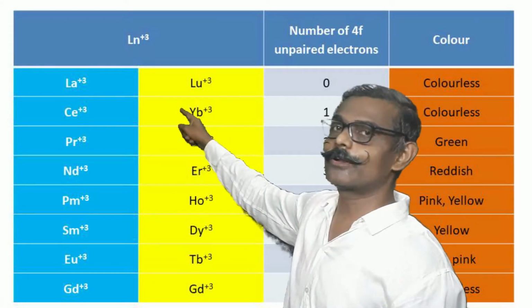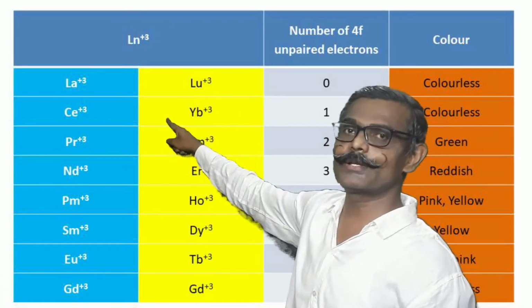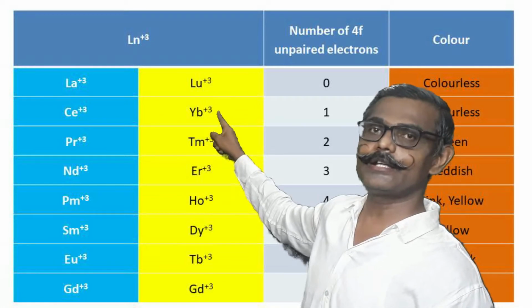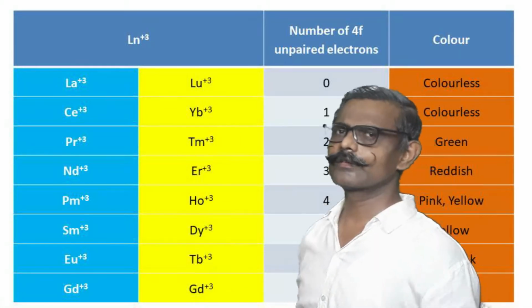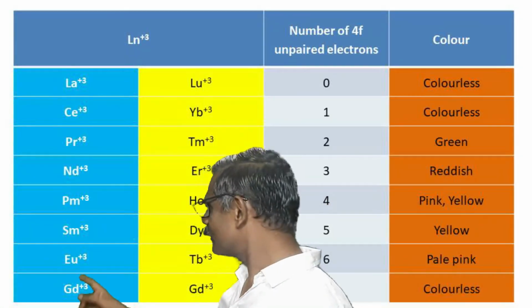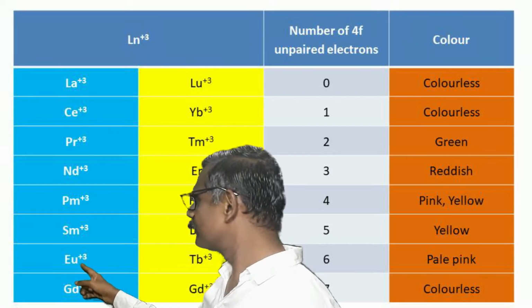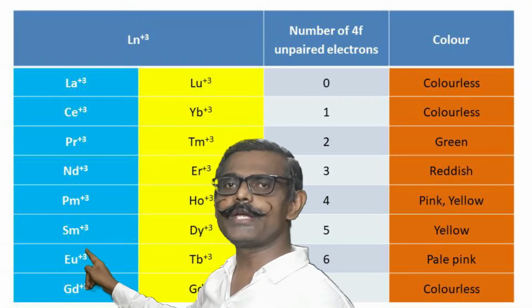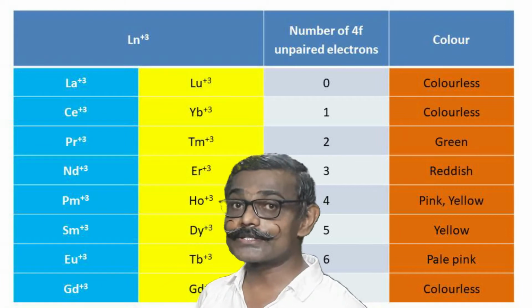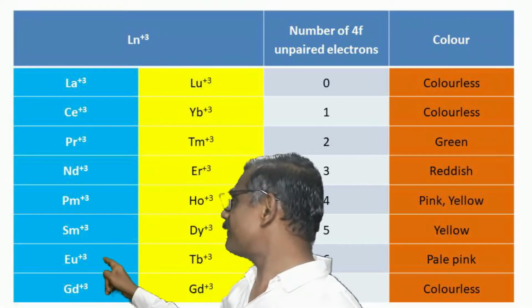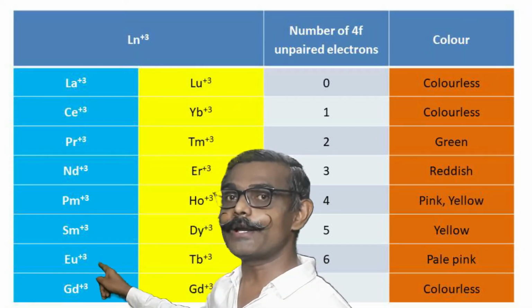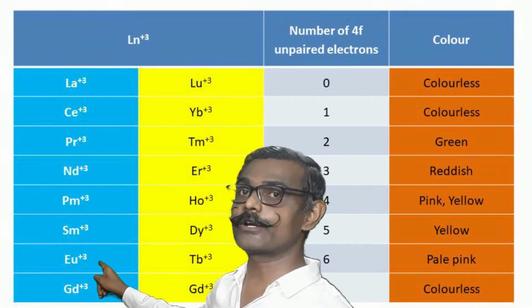The number of unpaired electrons is the same for both. Likewise, europium plus 3: what is the electronic configuration? f6. So how many unpaired electrons are there? 6 unpaired electrons.